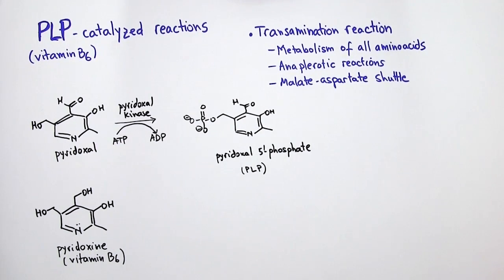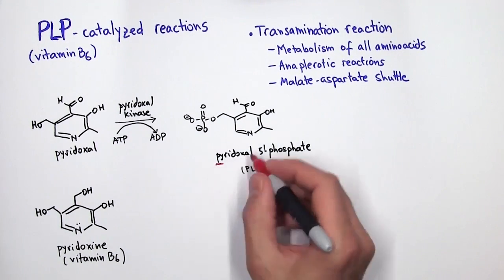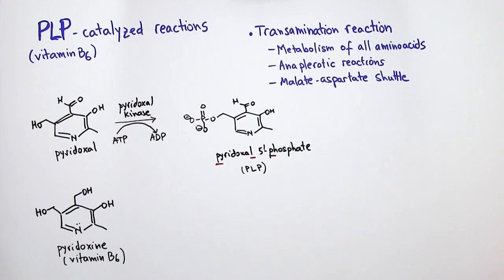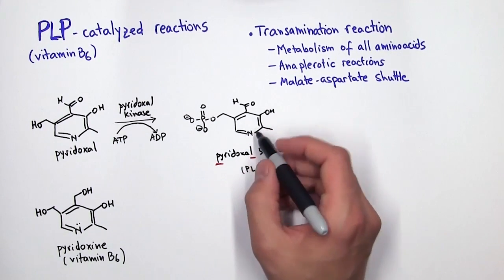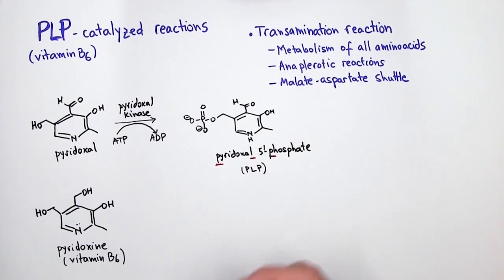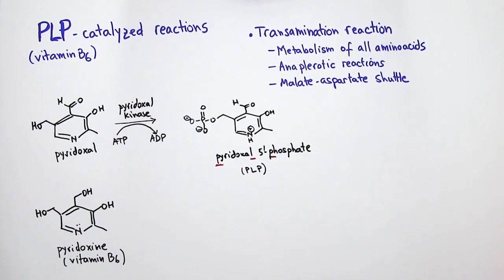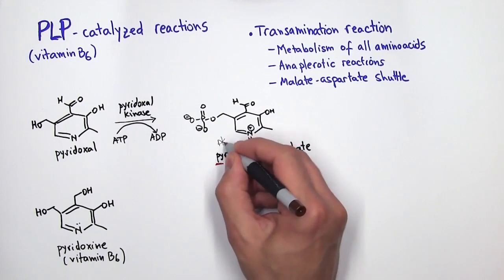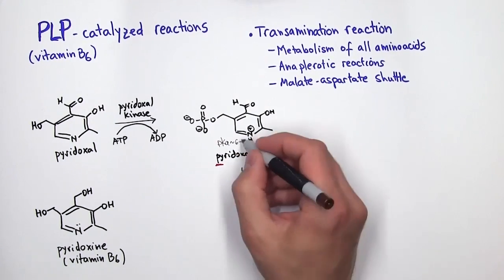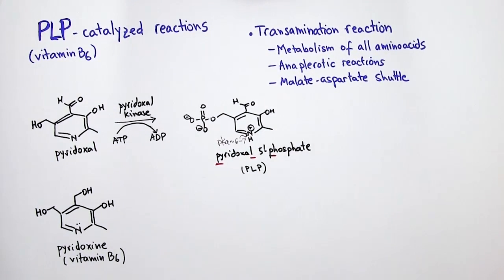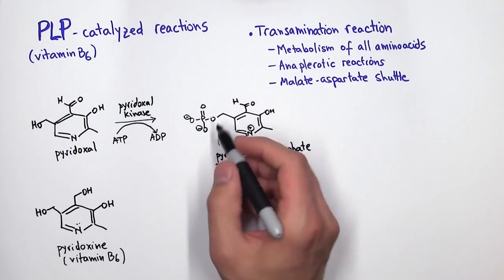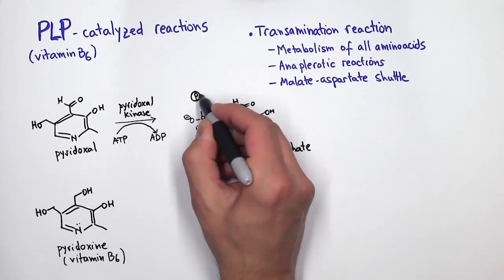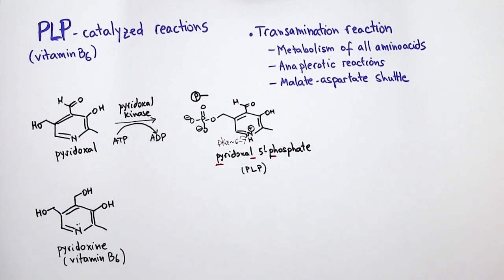The name PLP comes from the initials as outlined here. Now, this nitrogen on the pyridine ring tends to be protonated because its pKa is close to physiological pH, between 6 and 7. For the rest of this presentation, we're going to be abbreviating this phosphate group as such, and throughout the course.